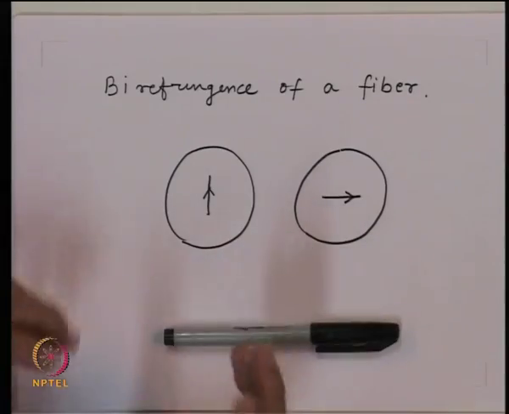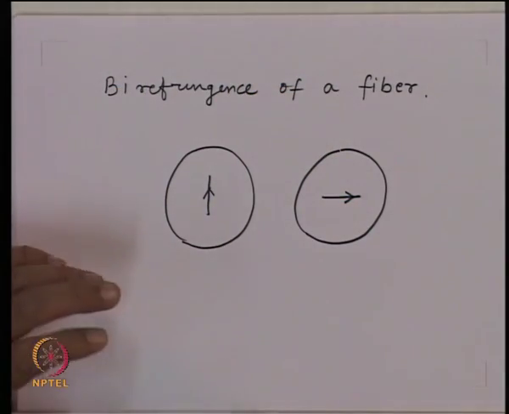So, we say that we have two degenerate LP01 modes with perpendicular polarization, and since the fiber is absolutely circular, both polarizations see the same phase constant, or they travel with the same speed. If that happens, then the state of polarization is maintained, because both of these fields undergo the same phase change over a distance, and when they combine, again they generate the same state of polarization.